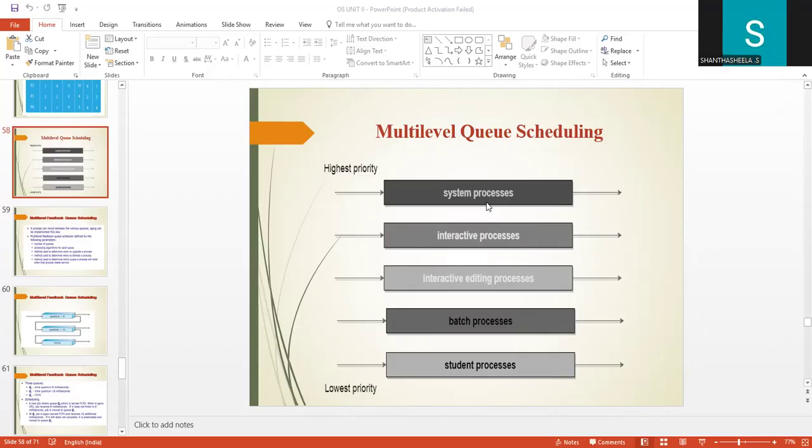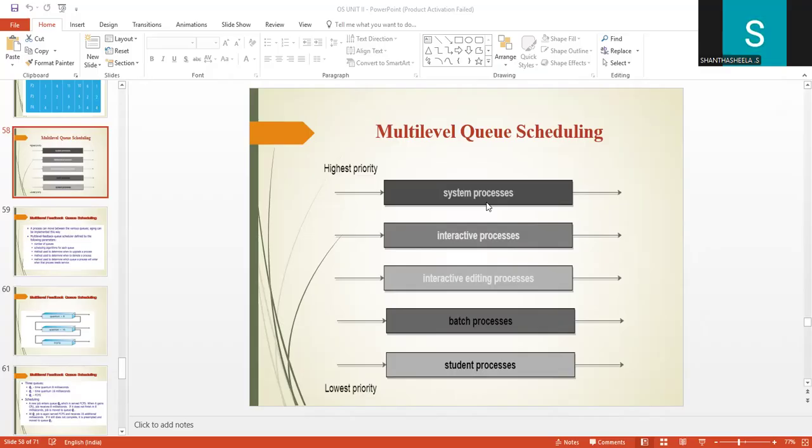The meaning is that the processes in the student process queue will be executed only if all the processes in the batch queue, the interactive editing queue, the interactive queue, and the system queue are either empty or have already been executed. Only then are the processes in the lower level queue, the student processes with the lowest priority, allowed to be executed. So this is what the multi-level queue is about.